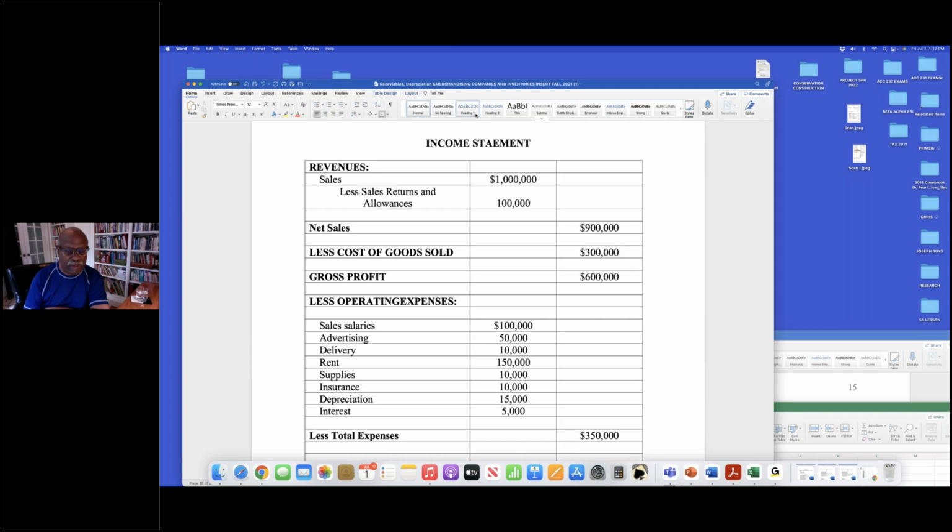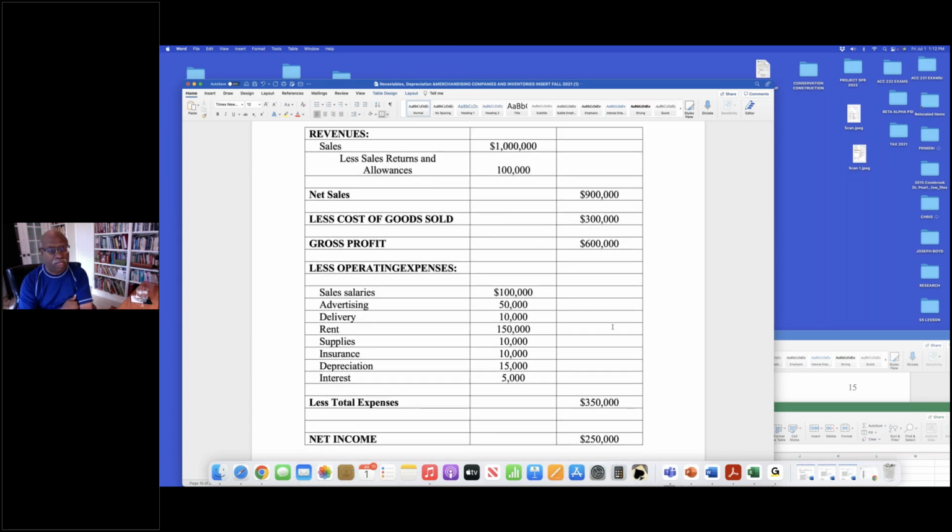And then in closing entry two, it would be this 350 in regular expenses that will be credited as well as cost of goods sold. And so the debit to income summary in closing entry two would be how much? 300 cost of goods sold plus 350 in other expenses. The debit to income summary would be 650.